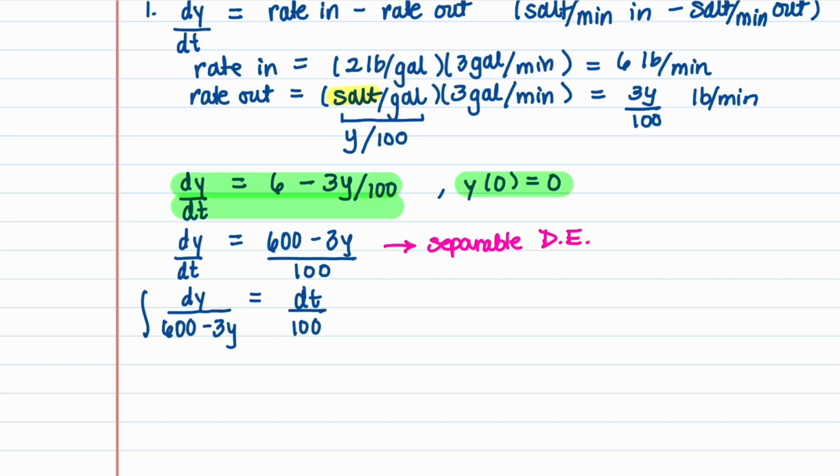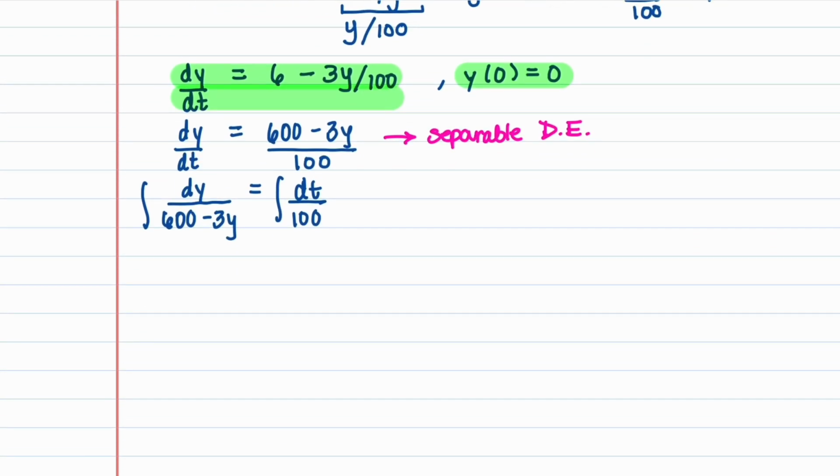Now we can go ahead and integrate both sides. On the left, we have a minus 1/3. That is because the derivative of y is minus 3. And we have a natural log, absolute value 600 minus 3y.